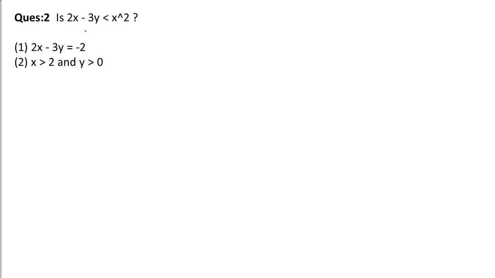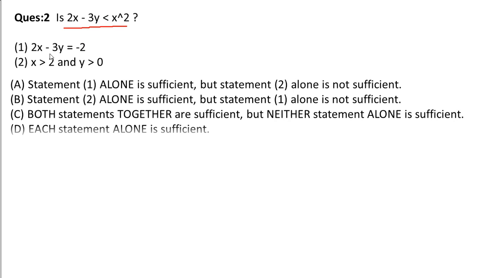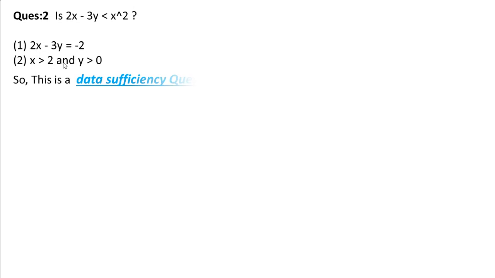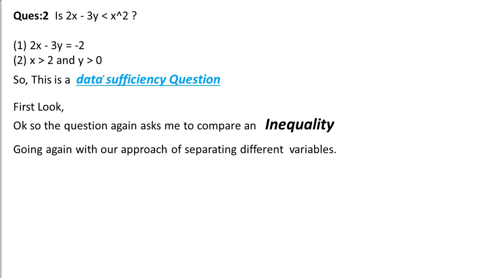Now let us see question number 2. Again an inequality question. Is 2x minus 3y less than x to the power 2? Now different variables on different sides. So our same approach. Take x square on the left hand side and 3y on the right hand side.